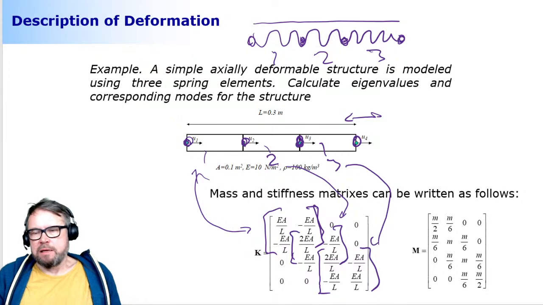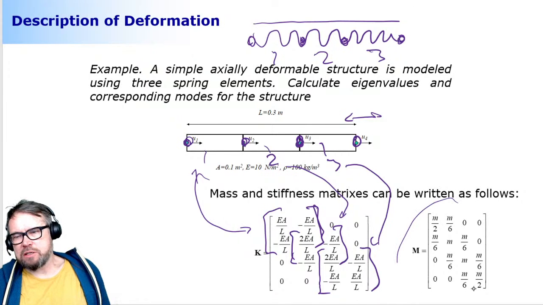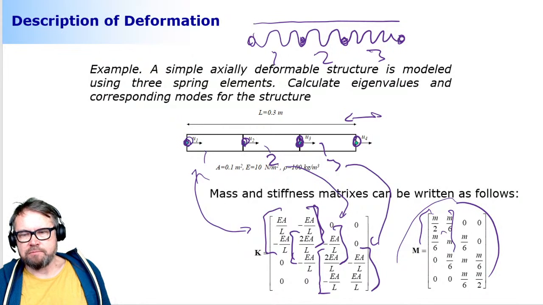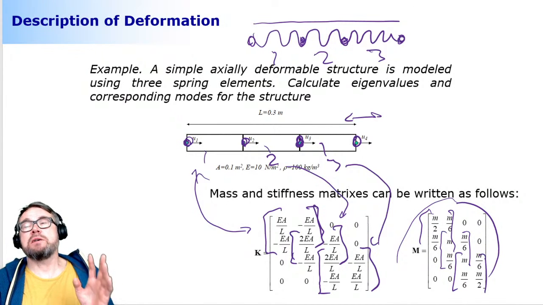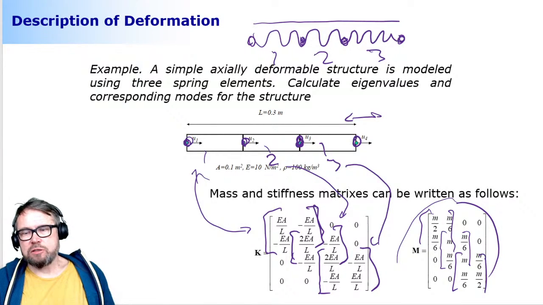All right. Then here is my mass matrix. I'm using the same kind of matrix technique to describe the mass matrix of the entire structure. You see that the submatrices are associated with elements 1, 2, and 3.